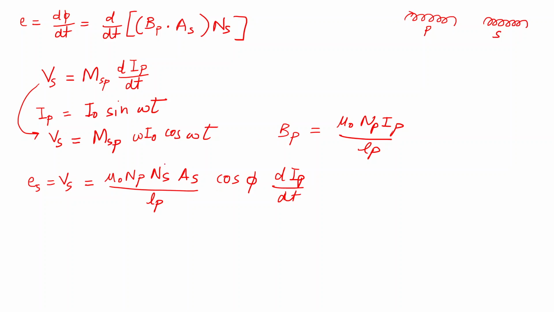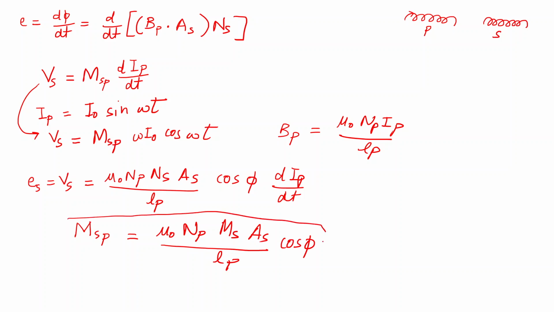So when we compare the expression we have derived with the Vs here, we get the value of the mutual inductance MSP, which is mu naught NP NS AS divided by LP, times cos phi. So this is our working formula.